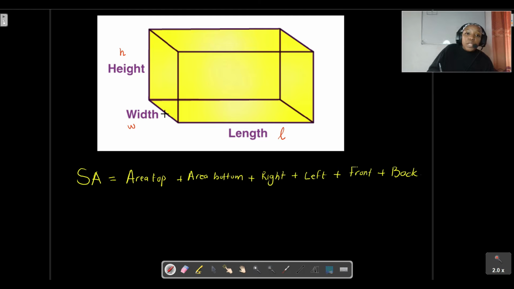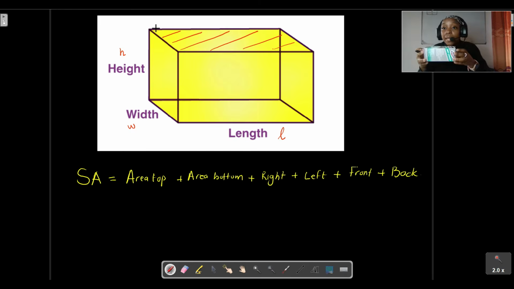Because we know that the top face, what shape is that top face? It's a rectangle. How would we calculate the area of a rectangle? So now we're going to just focus at the top. You're just looking at this Benelin box from the top. So what can you see? You can only see the length of that box and you can only see the width.